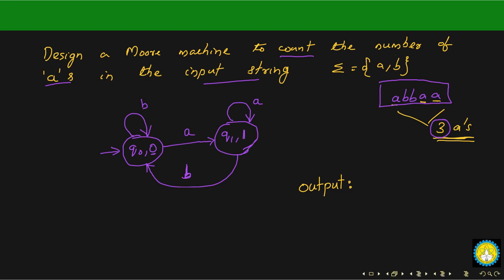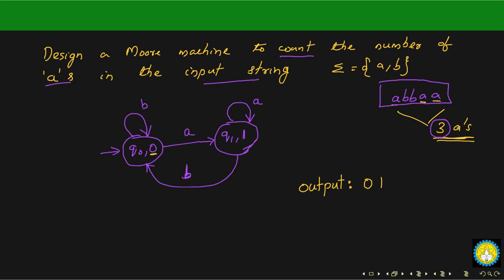Initially, without doing anything, we know that this 0 will be present in our output. Once the string is getting parsed, the very first character that we see here is A. Since you are getting an A, your output now will be the output present at Q1. So that is 1. Our output will contain this 1.